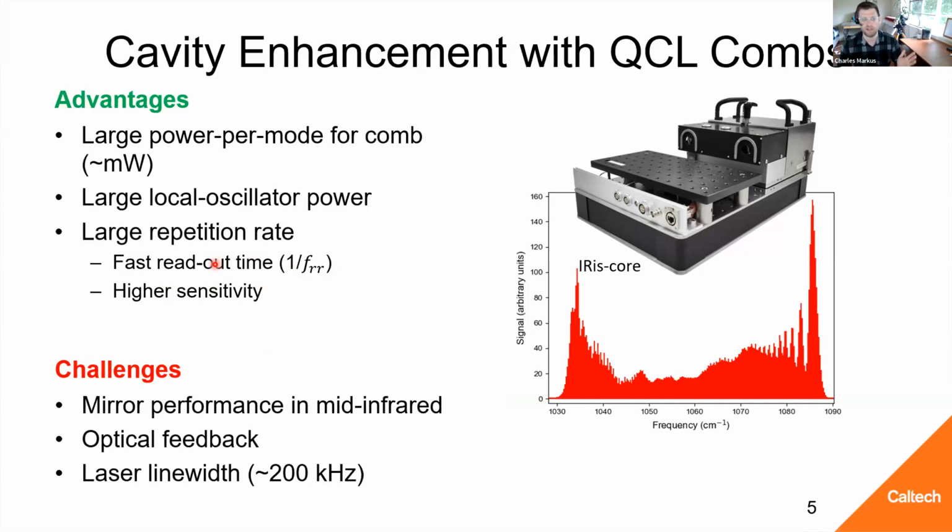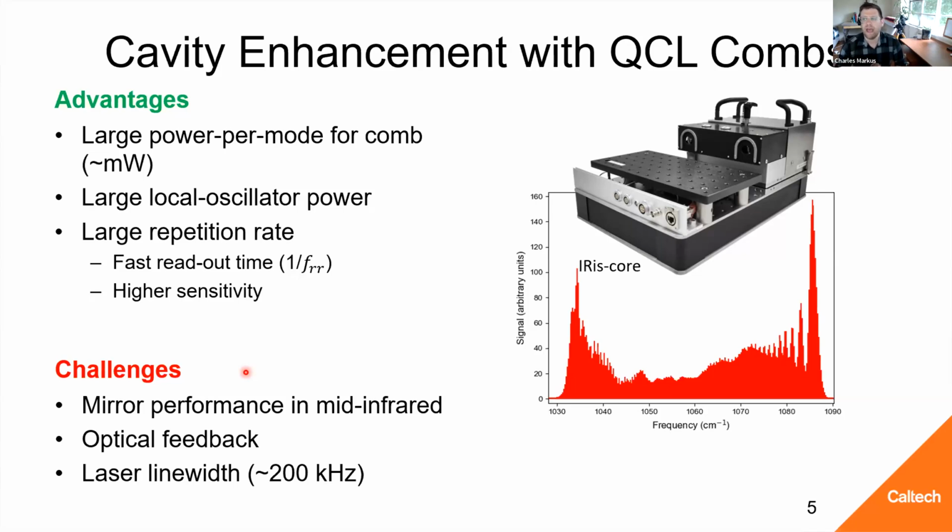But there are, of course, challenges. An unfortunate reality is that high reflectivity mirrors just aren't as good in the mid-infrared. They have more losses due to scattering and absorption, meaning that your total transmission is going to be much smaller than, for example, mirrors in the near infrared. These QCL sources have issues with optical feedback, which, when you're designing a laser, you usually are sending at a mirror, which is sending it straight back.